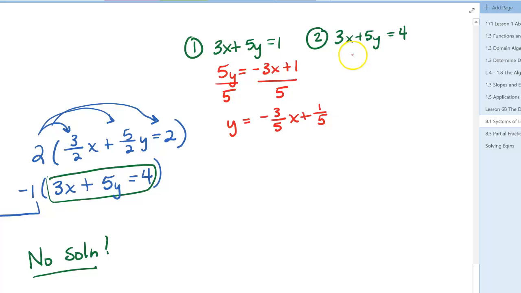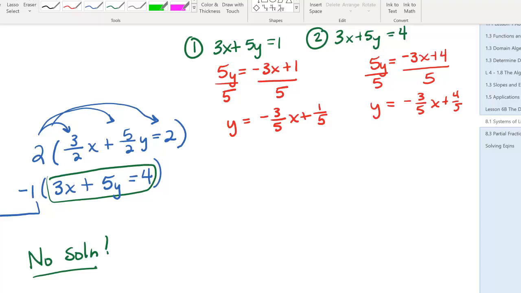So for equation 2, I'm going to subtract 3x from both sides again. So that's going to give me negative 3x plus 4. And then if I divide both sides by 5, I'm going to get y equals negative 3/5 x plus 4/5.